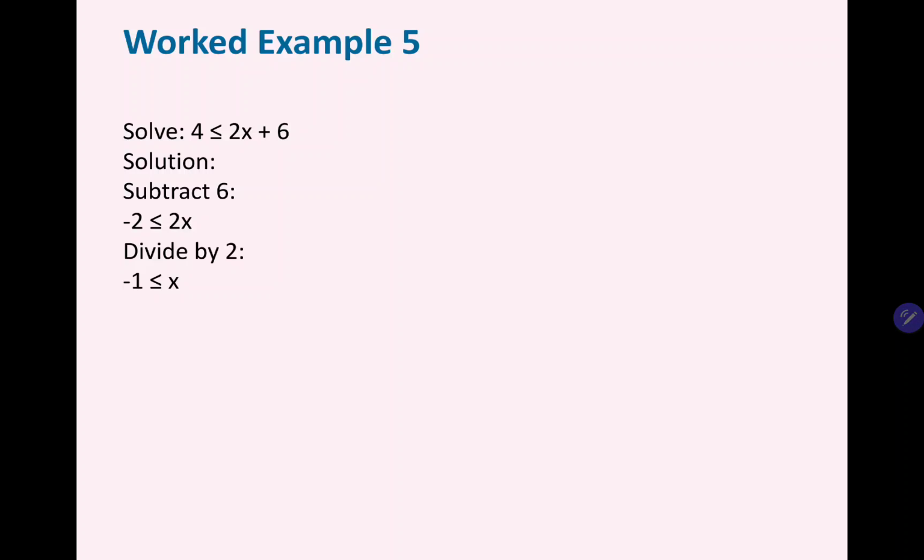Example 5. Solve the inequality 4 is less than or equal to 2x plus 6. If you take matching terms here, this will become 4 minus 6 is less than or equal to 2x.